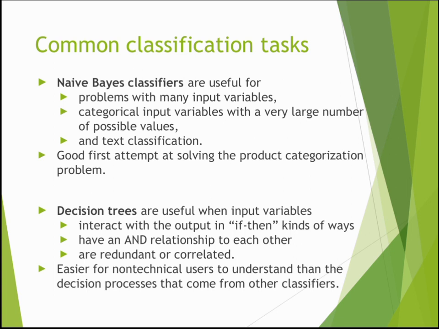Decision trees are useful when input variables interact with the output in if-then kinds of ways, or they have a relationship to each other, or they are redundant or correlated. It is easier for non-technical users to understand the decision processes that come from decision trees than those that come from other classifiers.